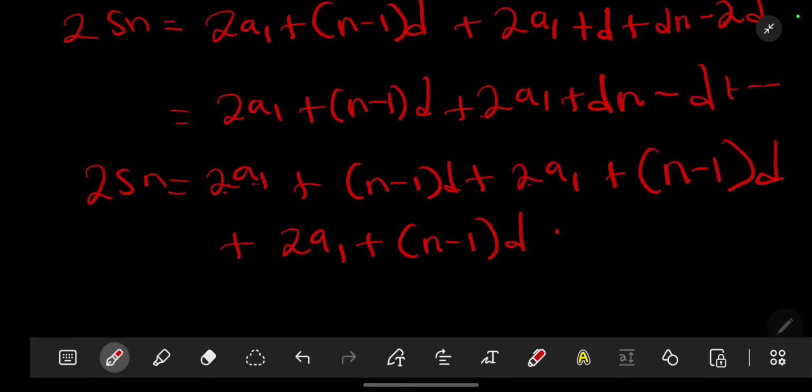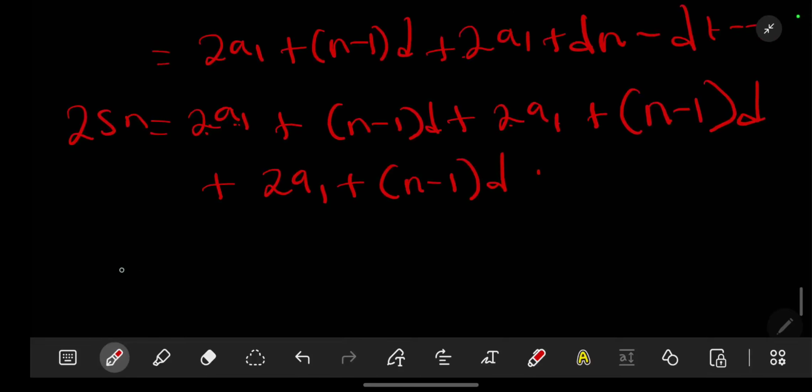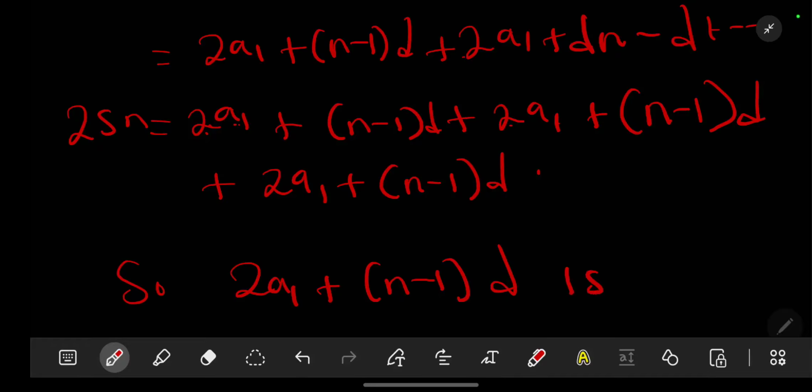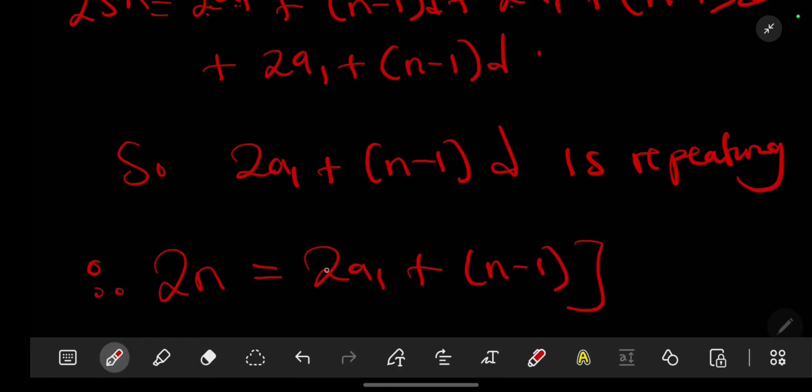So when you add that Sn plus Sn, it gave you 2Sn. So we can be able to say that 2a1 plus our n minus 1 d is repeating. So 2a1 plus n minus 1 d is repeating throughout. Therefore this can be written as 2Sn should be equal to, we have a 2a1 plus our n minus 1 d, then times our n.